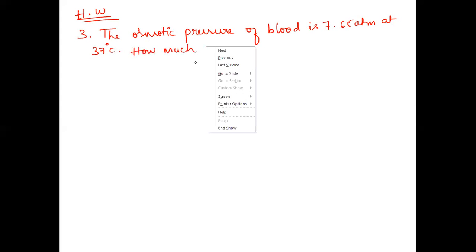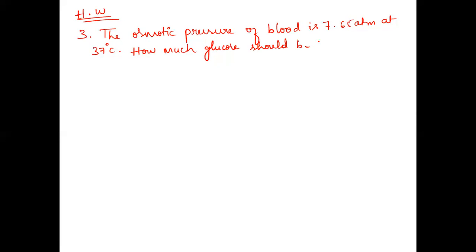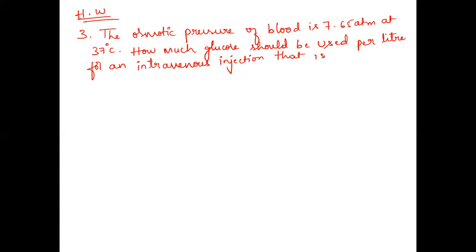So how much glucose should be used per liter for an intravenous injection, that is, to have the same osmotic pressure as blood.